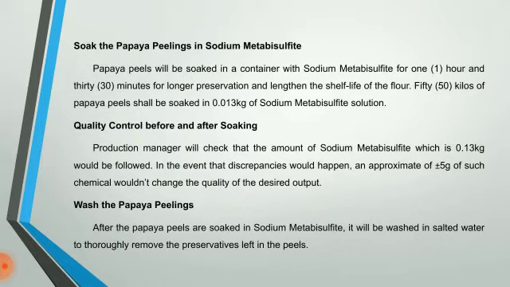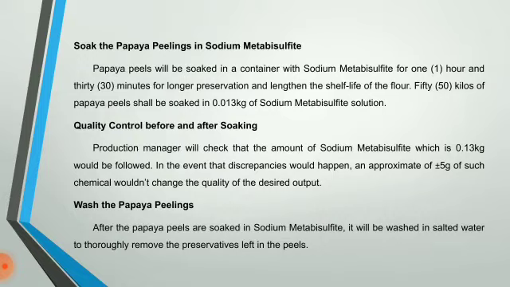Quality control before and after soaking: the production manager will check that the amount of sodium metabisulfite, which is 0.13 kilogram, would be followed. In the event that discrepancies happen, an approximate of plus or minus 5 grams of such chemical wouldn't change the quality of the desired output. Wash the papaya peelings.